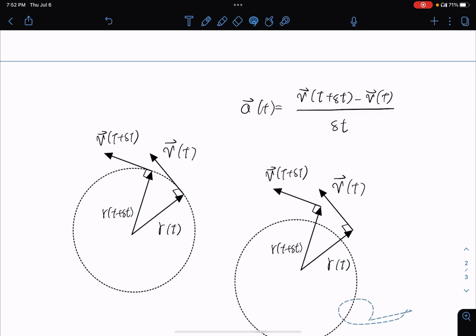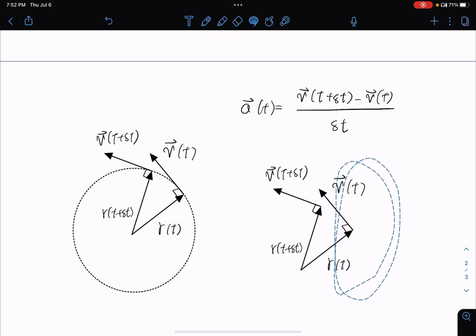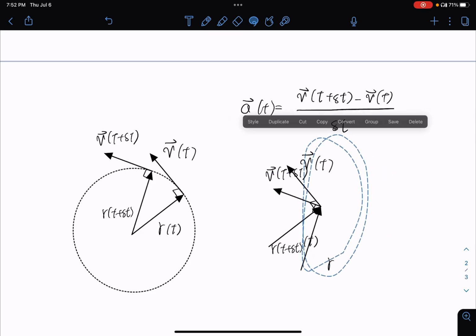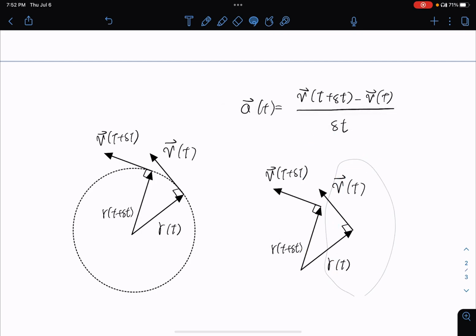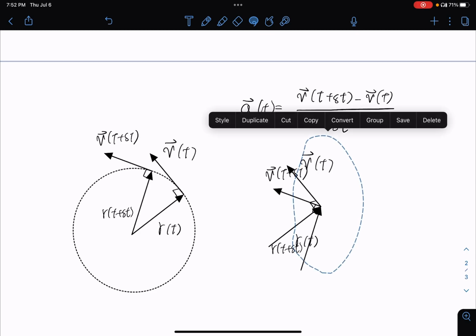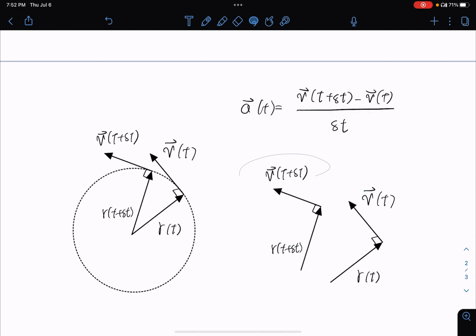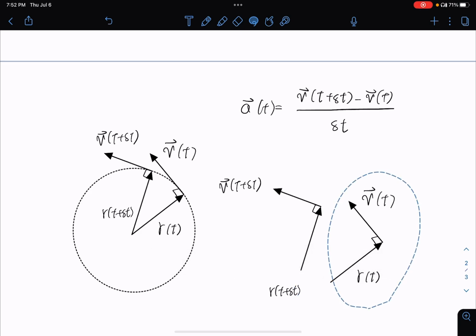I don't need a circle, and we will move them together like this. So here's later, here's earlier.